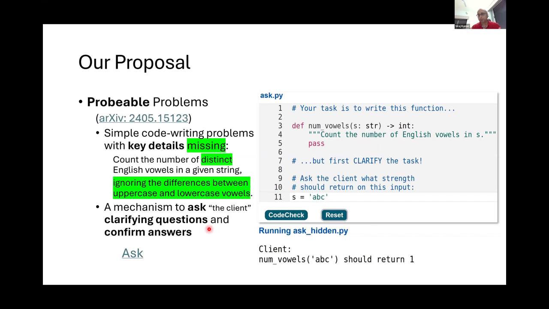Of course, at some point, they do need to know, well, I think I've asked all the questions I wanted to, and here is my code. So I also need to provide them a way of confirming. And that would look very similar to the normal way in which you would auto-grade a solution.